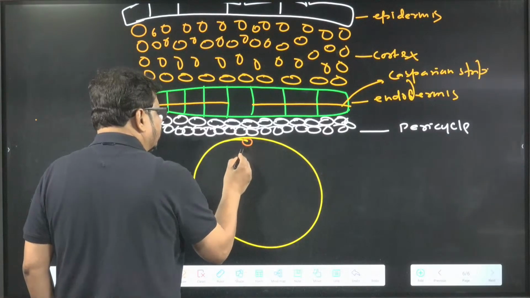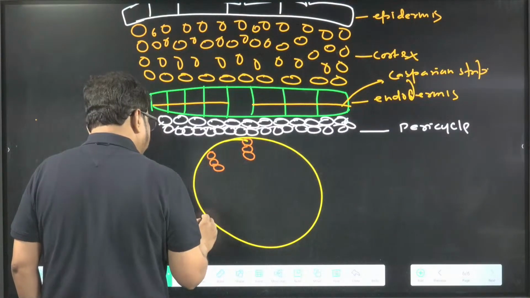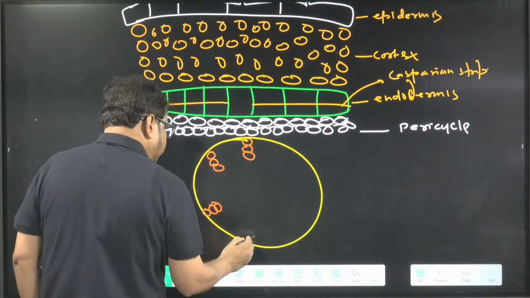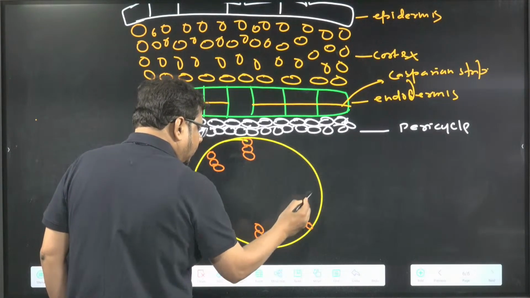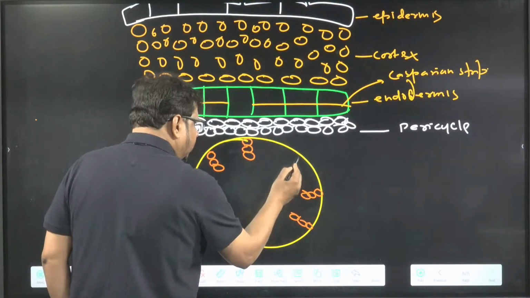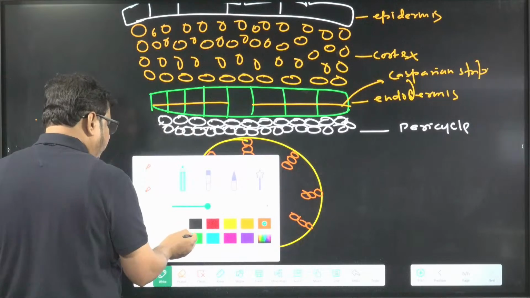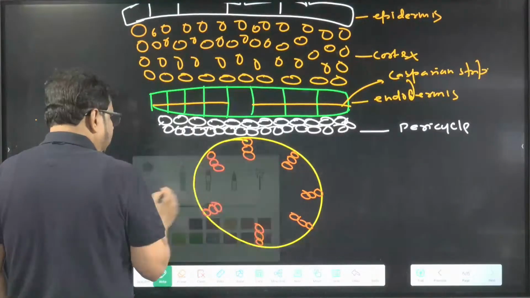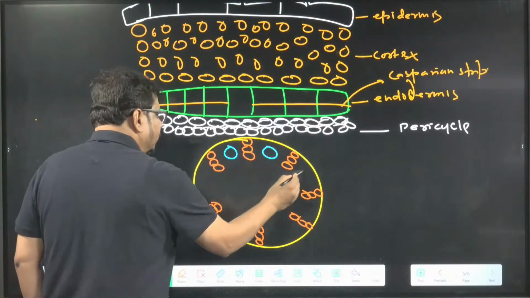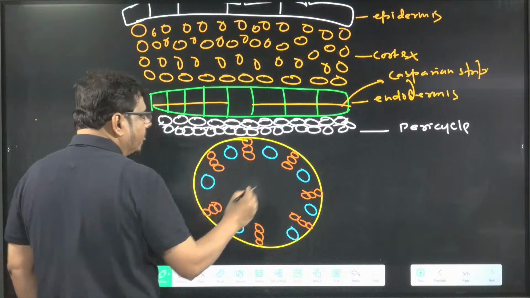Here it is protoxylem, metaxylem, protoxylem, metaxylem, and so on around. Then I am drawing the phloem, phloem patches alternating with the xylem.